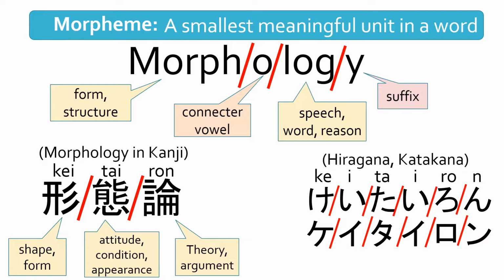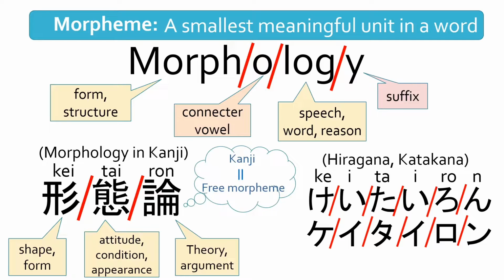In Japanese, morphology is keitairon, which consists of kanji, and this can be separated into 3 parts. Kei means shape or form, tai means attitude or condition, appearance, and ron means theory or argument. As you can see, kanji plays a role as free morpheme, which can be used independently.